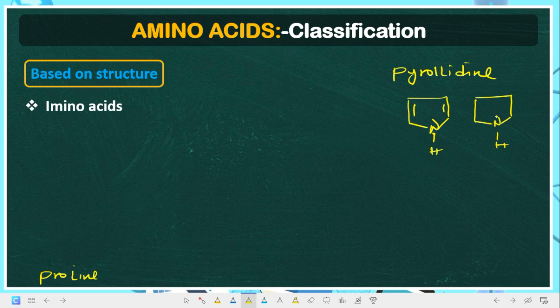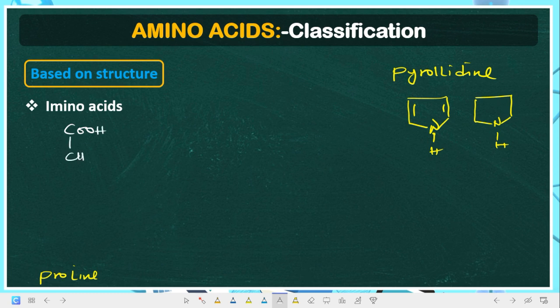Now, what will be the structure of proline? Proline, in most cases, is written like this, and then you have this group here. Sorry for the whites. The structure of proline can be drawn in this way. First of all, by writing the amino acid, which is NH2, COOH.